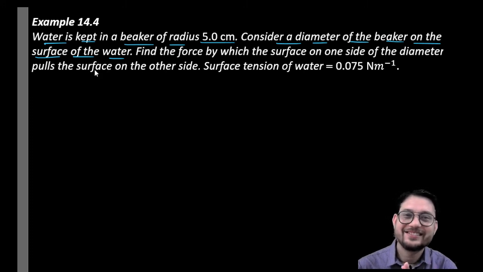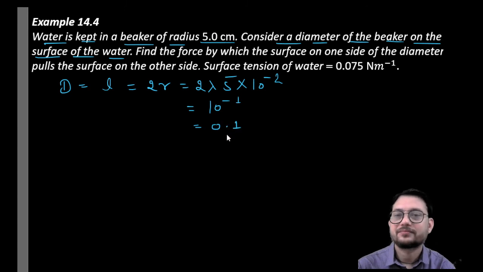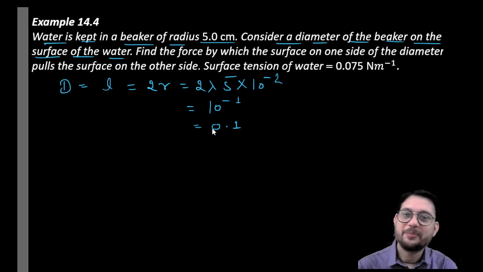It means indirectly that the diameter behaves like the length of the imaginary line, which is nothing but 2r, and r is given as 5 centimeters, so it will be 5 into 10 to the power minus 2. So it can be written as 10 to the power minus 1, or 0.1 meter. This is the indirect way of giving the length of the imaginary line.